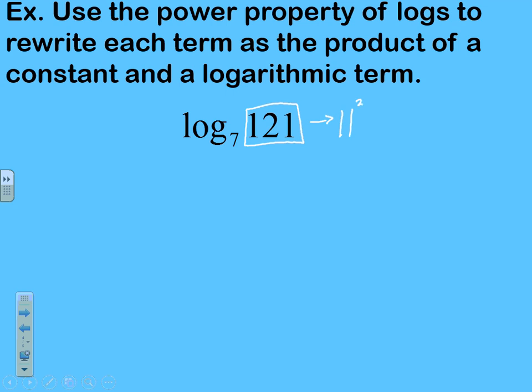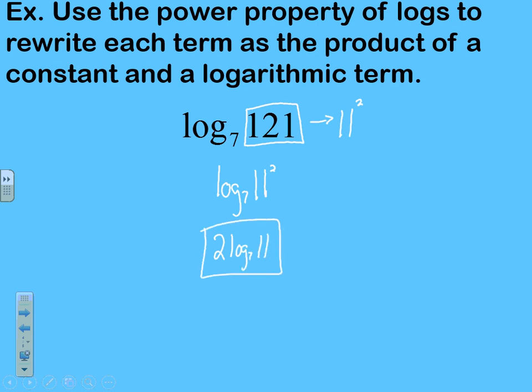So what they're hoping that you'll start recognizing is that log base 7 of 121 is the same thing as saying log base 7 of 11 squared. And just like we saw in the last example, if I have something in an exponent position, like the 2 now, I will write it by placing that in the coefficient position. So I'd say 2 times log base 7 of 11.